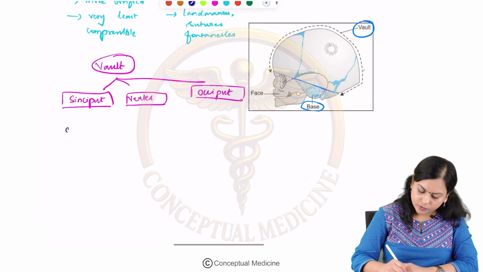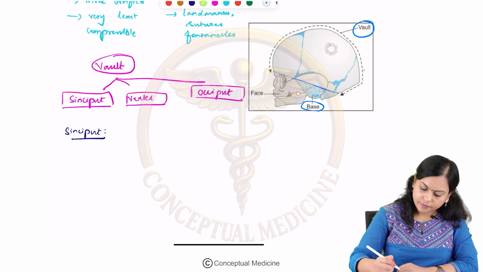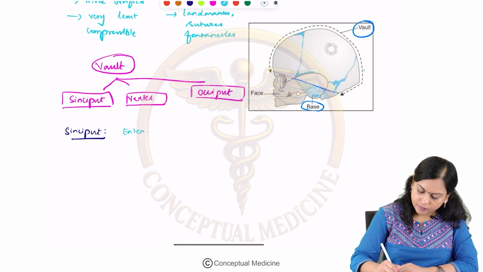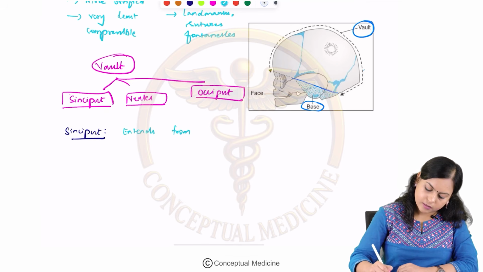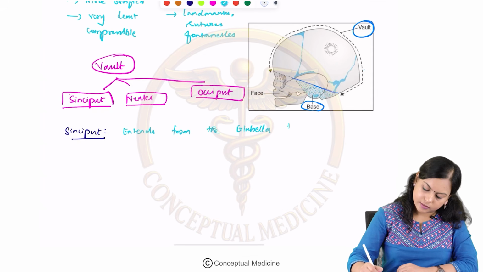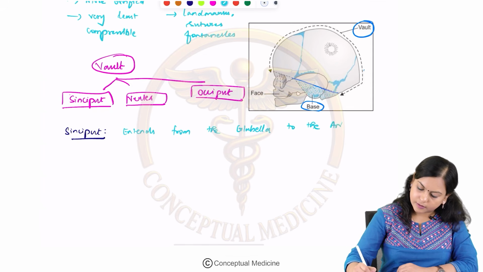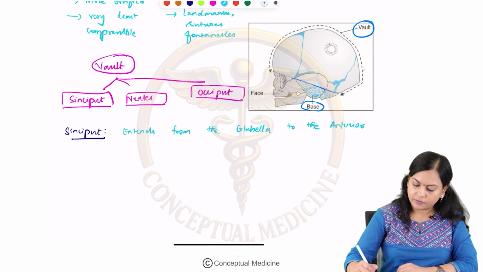Now, what is sinciput? Sinciput extends from the glabella to the anterior fontanelle.